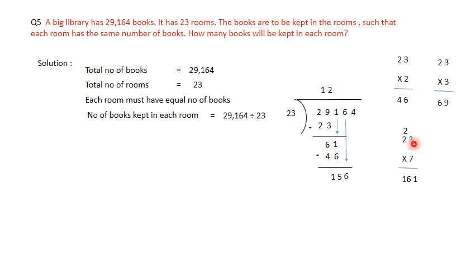When we multiply by 7, you are getting 161. Again students, see, 161 is greater, we cannot take 7s. So in such a case what will we do? We'll try 6s. Now see, when we multiply by 6 we are getting 138. So we'll multiply by 6. We'll write down here 6.